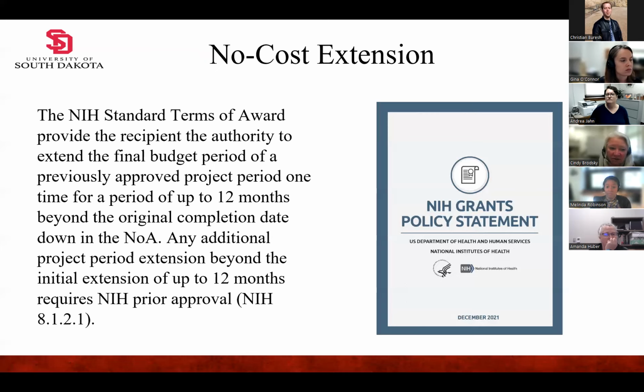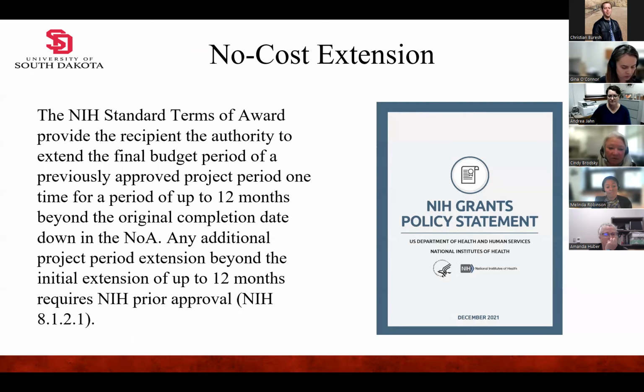It's not on your first period; we have to get approval for the first period of your award, one time beyond the original completion date, down in the notice of award.